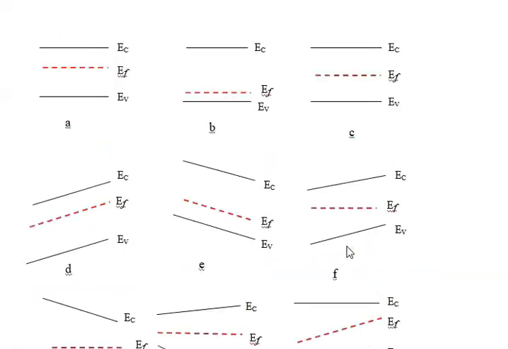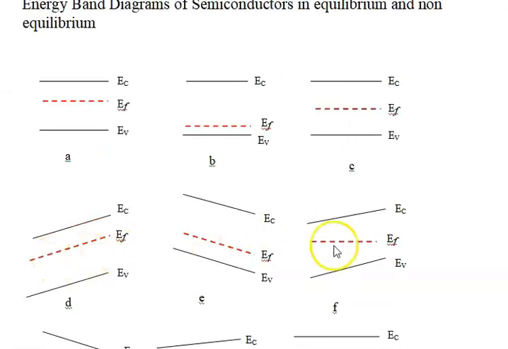Now the second row, starting with the fourth energy band diagram, the Fermi level is tilted. So in this case, we would say we were not in equilibrium. We're going to talk about this in some detail a little bit later on when we talk about non-equilibrium in multi-component systems.